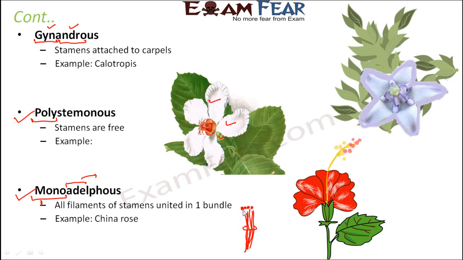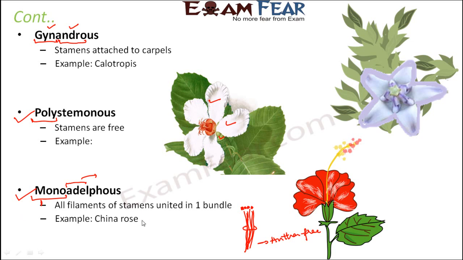However, the anthers are free. So in this case, two important points to note. Anther is free, but the filaments are united in one bundle. So that is their top head portion. They are all free, but the stalk-like structure, they are united.